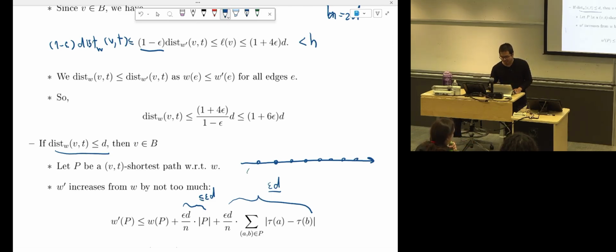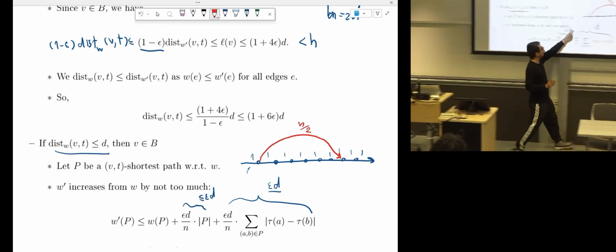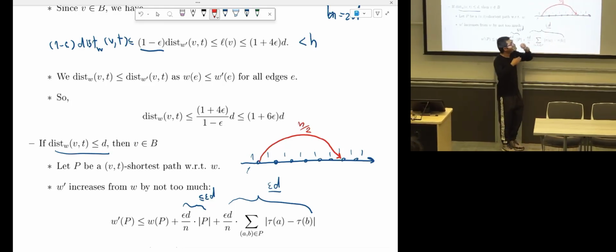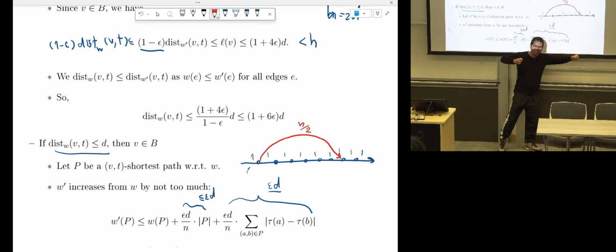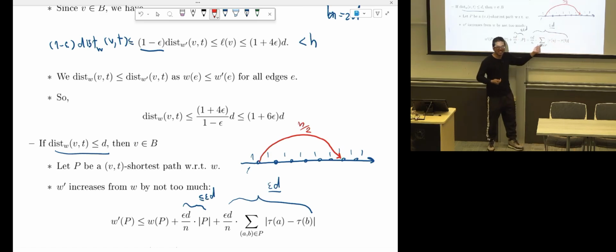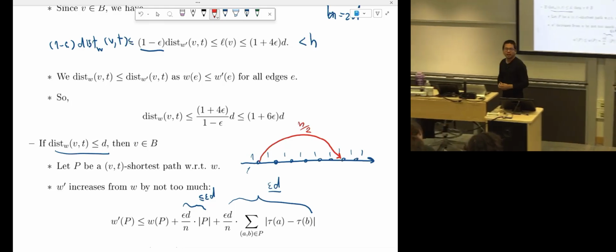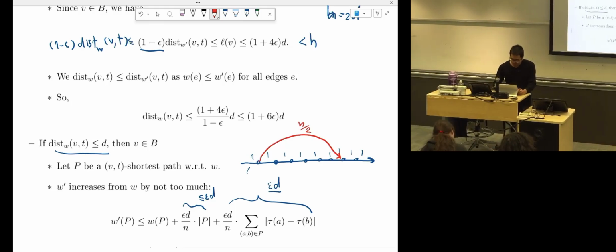There can be n edges where each of these differences is 1. There can be some edge where this is big, something like n over 2. But there cannot be too many edges like this. In total, we always go forward in the order by at most n. No matter what, you can go forward in tau by at most n. That's why this sum is at most n. So sometimes this can be big, but the sum is still at most n.